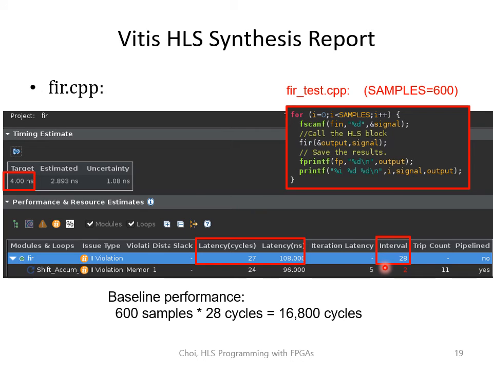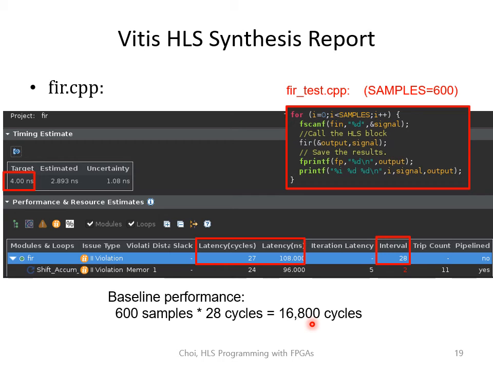If you look at the test bench file, FIR test.cpp, there are 600 samples and there are 600 calls of the FIR function. So in total, it is going to take 600 times 28, or 16,800 cycles to complete the overall execution.